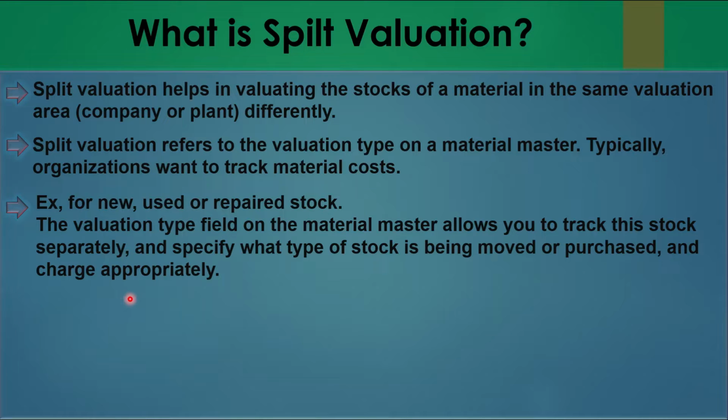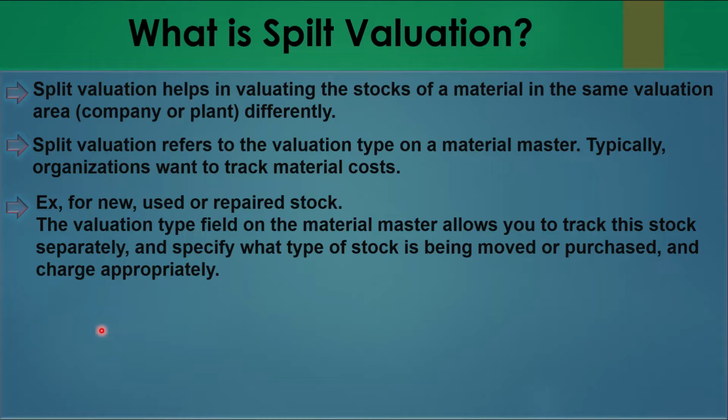So the valuation field on the material master allows you to track this stock separately. Separately means you can identify stock or valuation for this new, used or repaired product. In this example, there might be different origins or different types of valuation, but this is just an example. It specifies the type of stock being moved or purchased.